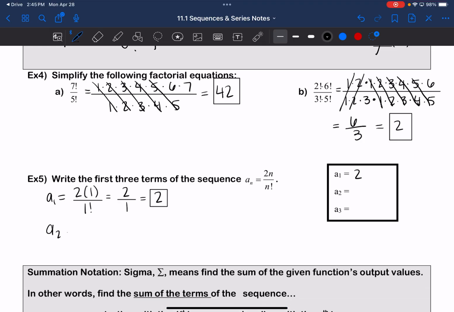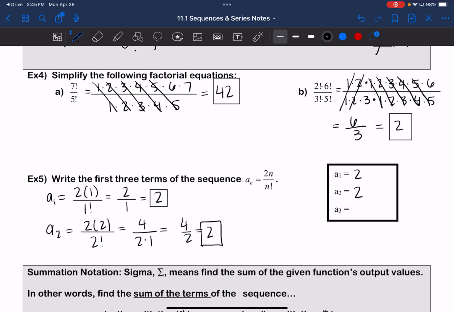Okay, same idea if I want to find the second term. Second term, I'm going to plug in 2. So I'm going to have 2 times 2 over 2 factorial. Well, 2 times 2 would be 4, and 2 factorial means 2 times 1, which would be 2, so 4 over 2 simplifies to just 2. Okay?